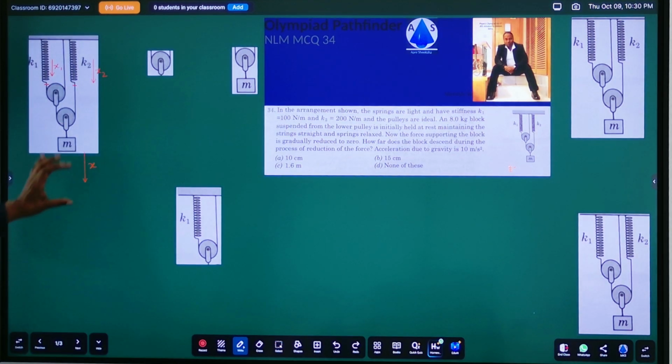So we are to find this x. What is this x?